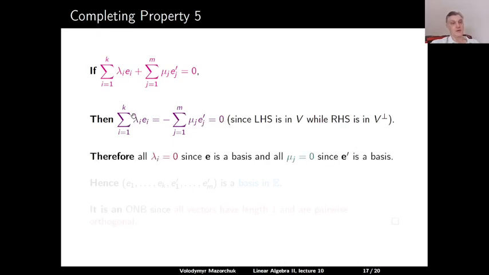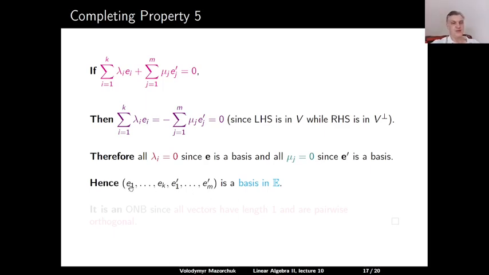And therefore, all lambda i's should be 0 because e1 and so on ek is a basis in V. And all mu j's should be 0 because e1 prime and so on en prime is a basis in the orthogonal complement. And therefore, this collection is linearly independent, and hence it's a basis in E.